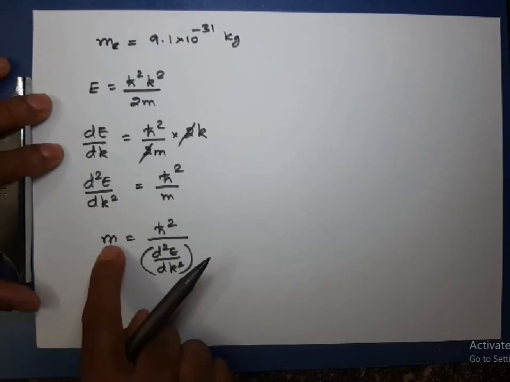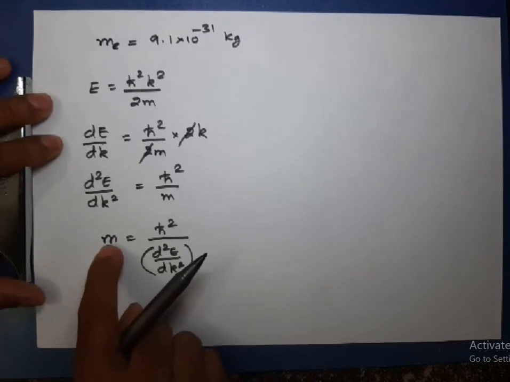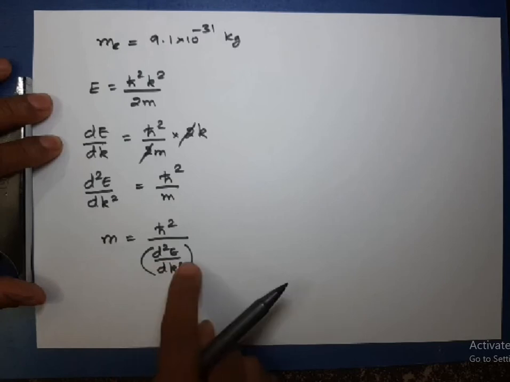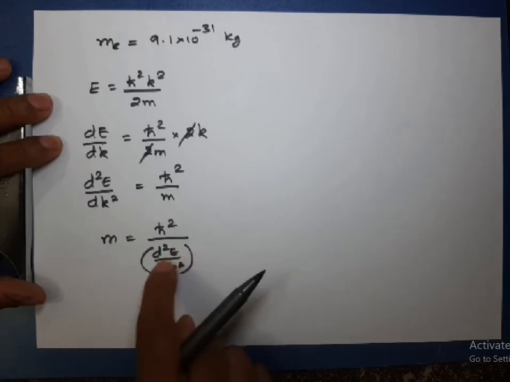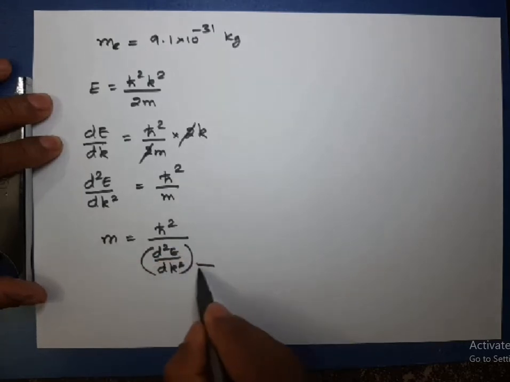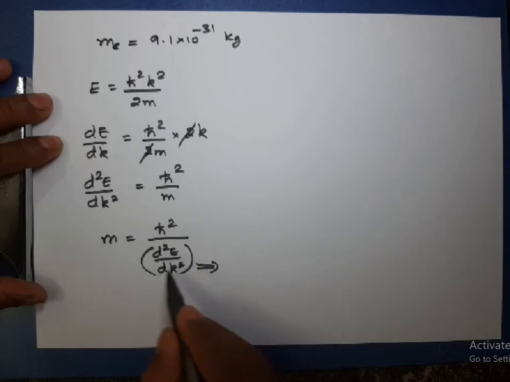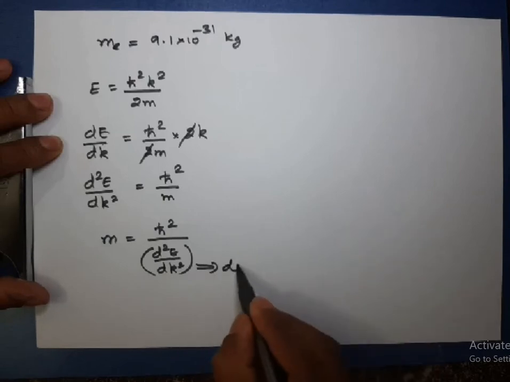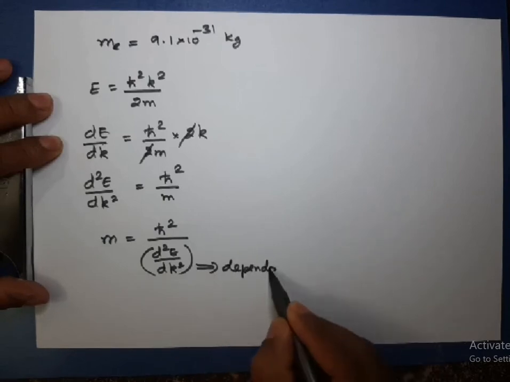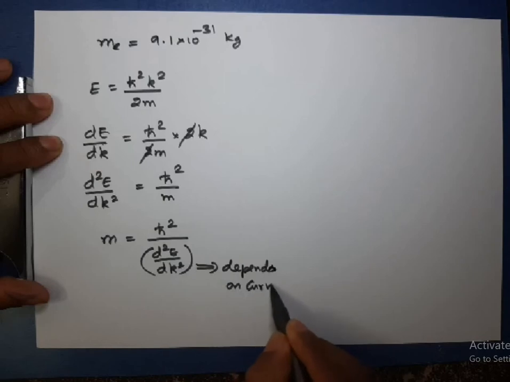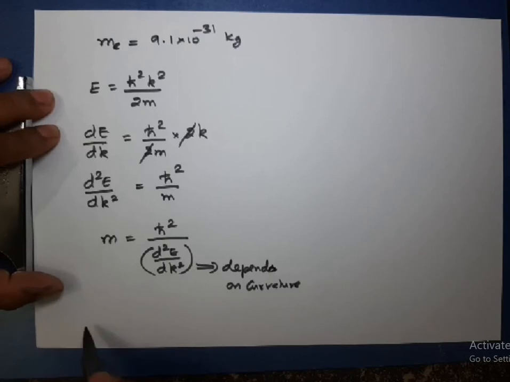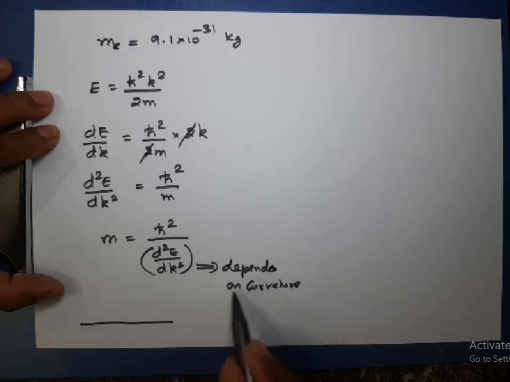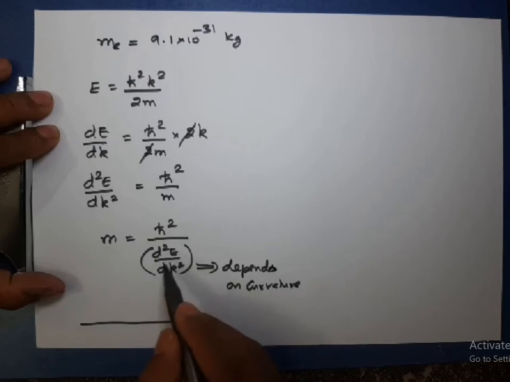Now the mass of the charge carrier depends on the second derivative of this. The magnitude of the second derivative depends on the curvature. You know very well, for a straight line there is no curvature, so for a straight line, the second order differentiation value is 0.